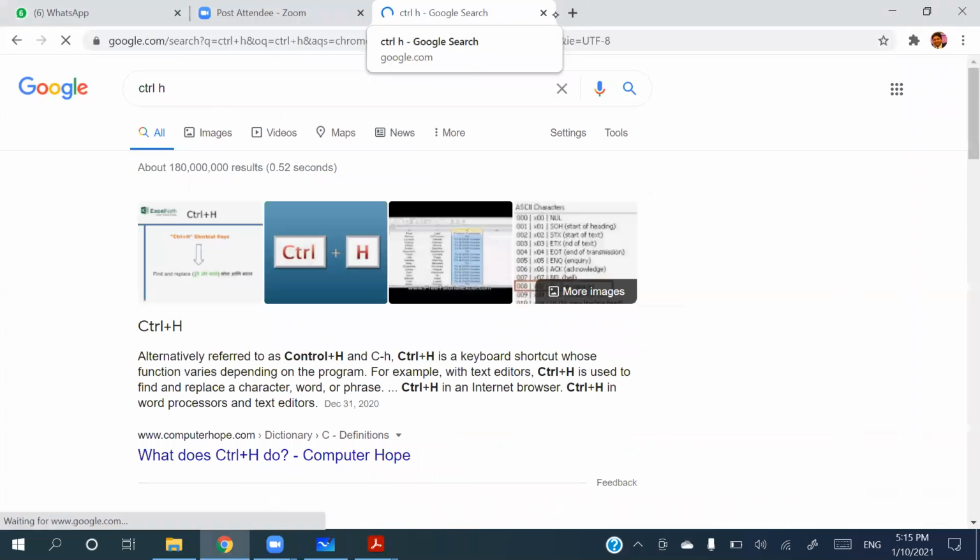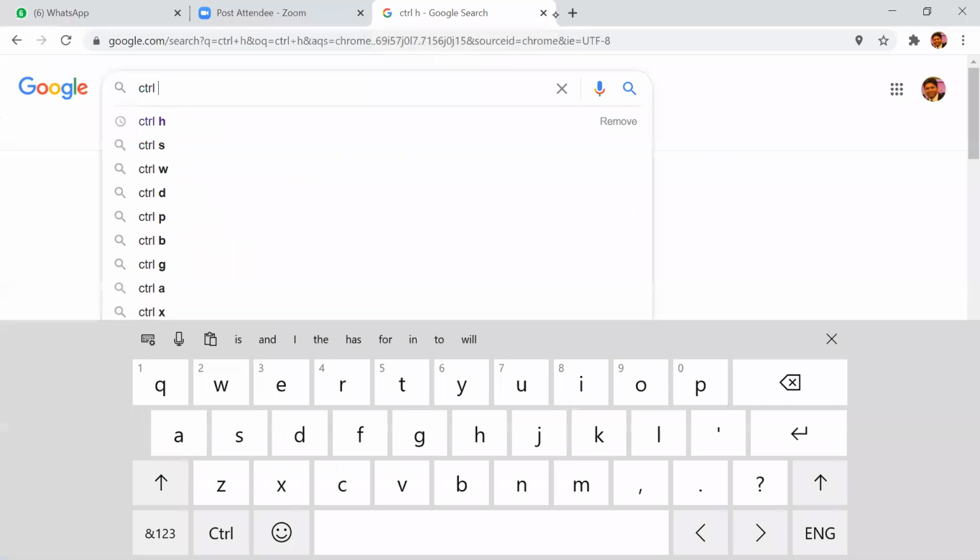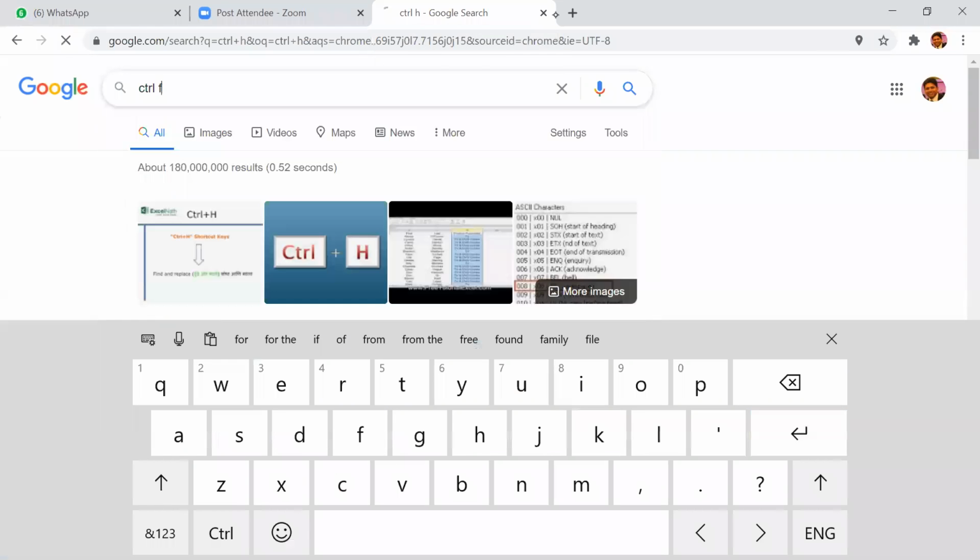Maybe it's for home. So Control Home. Oh, yeah, Control H is replace. Control H is used to find and replace characters, words. And hold on, am I wrong about Control F?